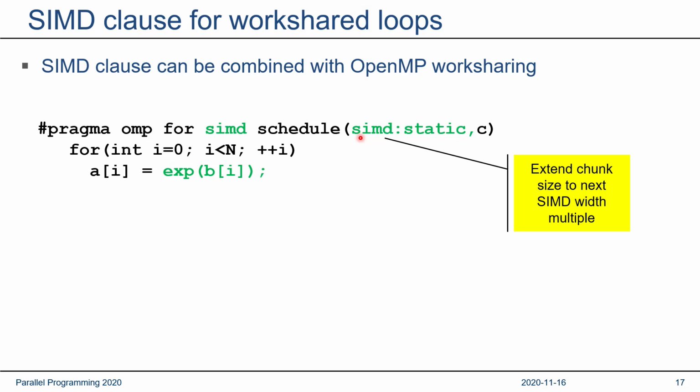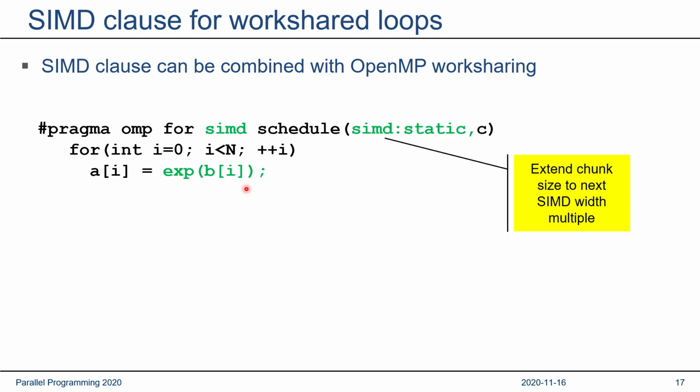So this makes it easier for the compiler to generate loop code with SIMD instructions. Let's say the chunk size was chosen to be 7, but your SIMD width is 8 on the CPU. Then you'd like the static chunk size to be 8, so that the SIMD registers are utilized in their full width and not just by 7 out of 8.